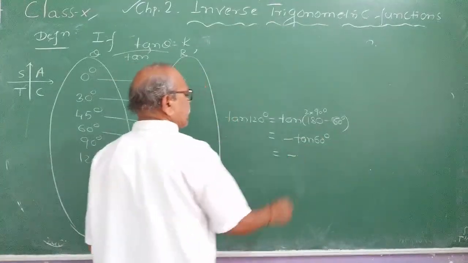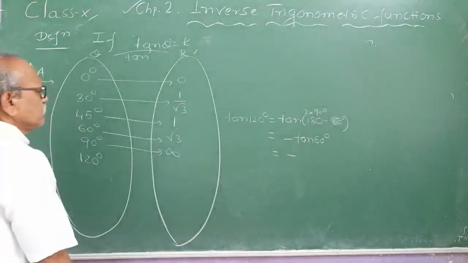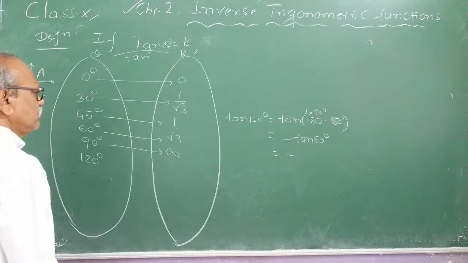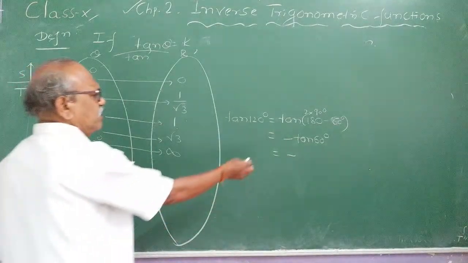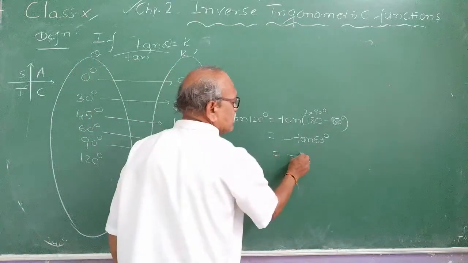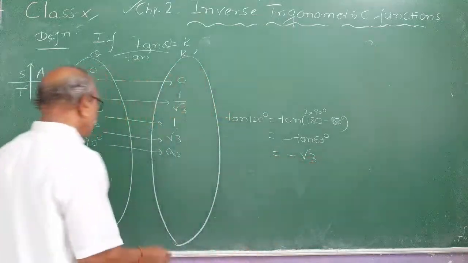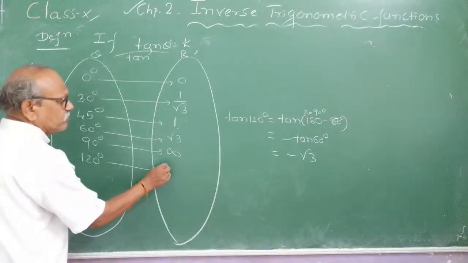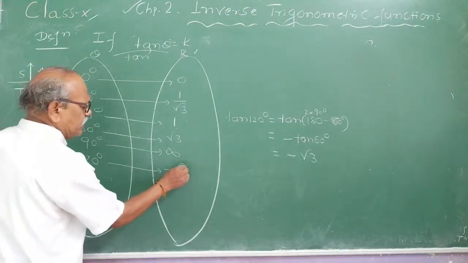Minus tan 60 degree means what do you get? Minus root 3, no problem. For 120 there is no problem, that is minus root 3.